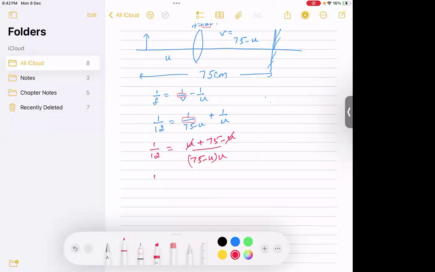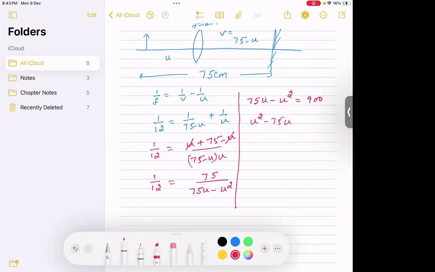So 1 by 12 equals 75 divided by 75 U minus U squared. You can do the cross multiplication, students. 75 U minus U squared equals, what is 12 into 75? 900, sir. Yeah, I can find 900. Now it is U squared minus 75 U plus 900 equals 0.